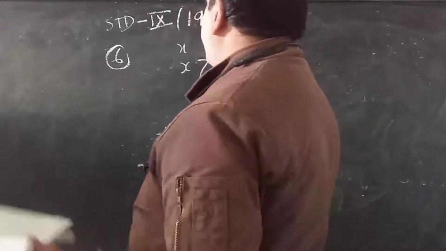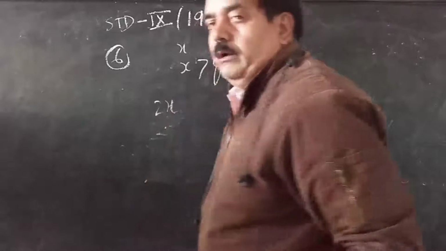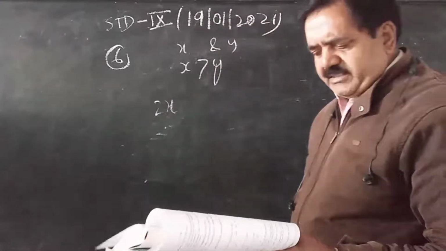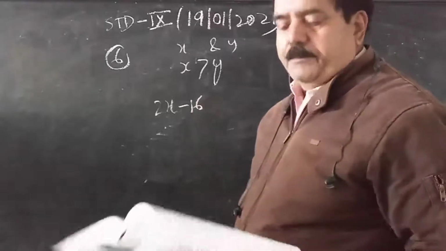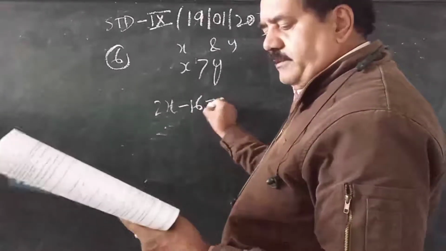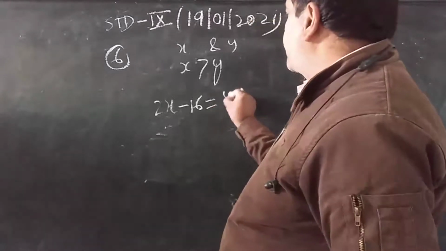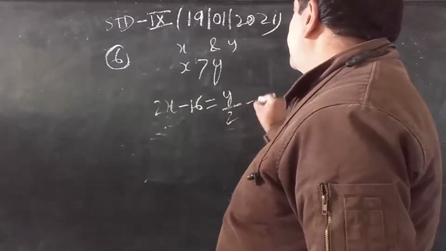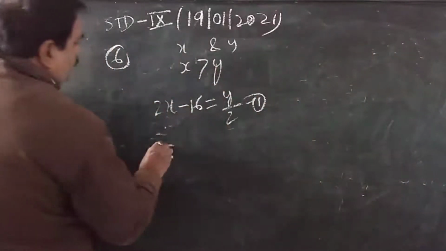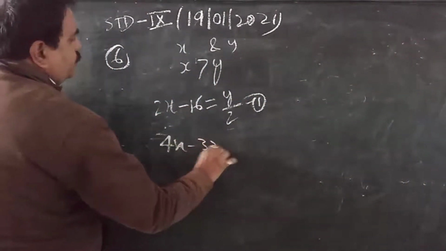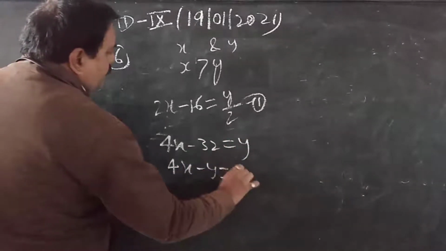If from twice the greater number, means 2x, 16 is subtracted, the result is half the other number, which is y by 2. This is the first equation. So when you solve this one, 4x minus 32 equals y. 4x minus y equals 32.